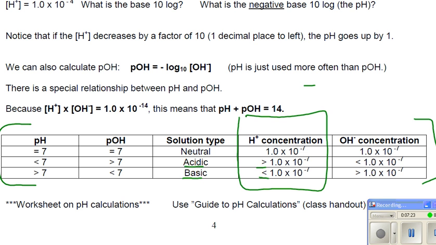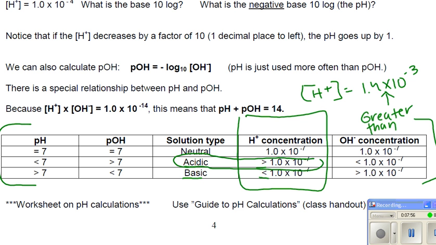Now remember, we just solved for a hydrogen ion concentration of 1.4 times 10 to the negative third power. You have to be able to look at this number in scientific notation and know that this number is greater than 1.0 times 10 to the negative 7th. So that means, looking at the scale, I have an acidic solution.